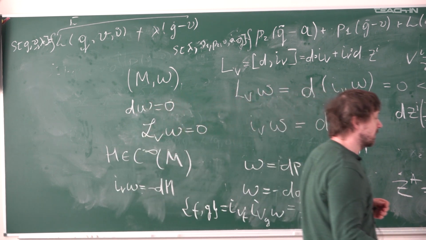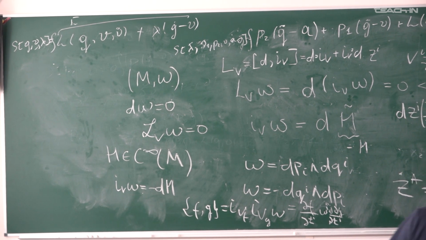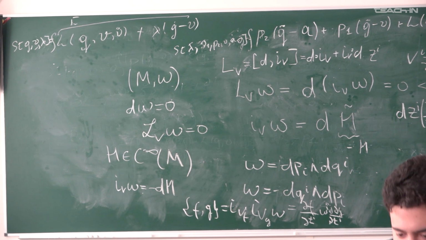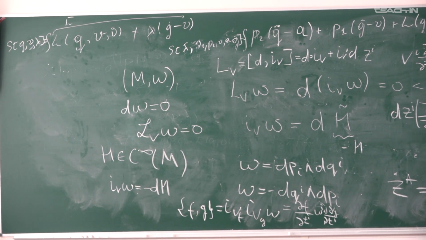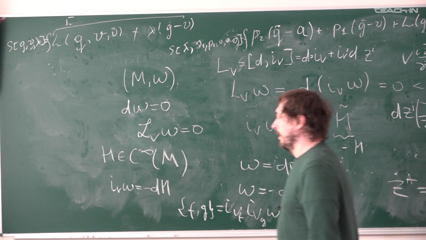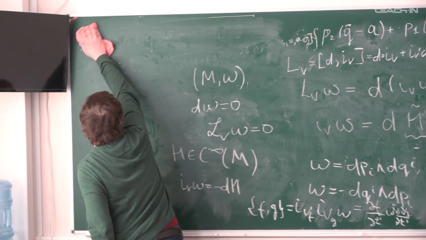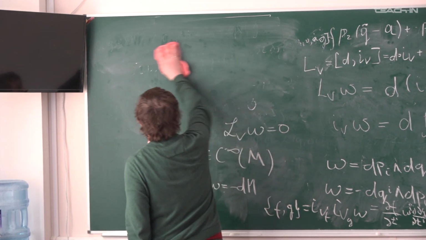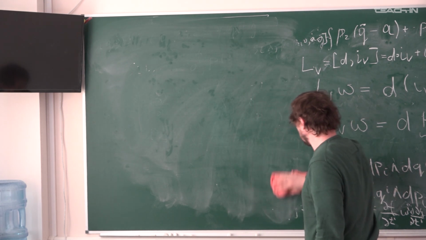Basic information about symplectic structures and symplectic geometry. Because actually symplectic geometry is a very large and well-developed branch of mathematics nowadays, with lots of problems, lots of applications to various mathematical theories, to complex geometry, to algebraic geometry.